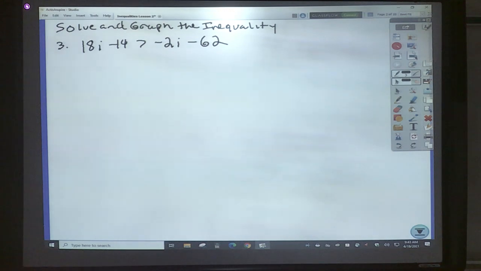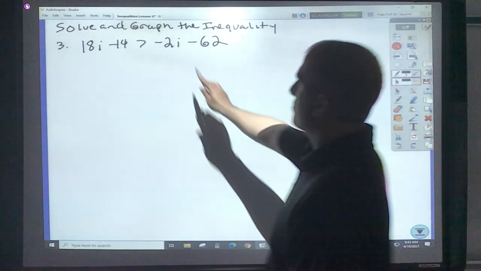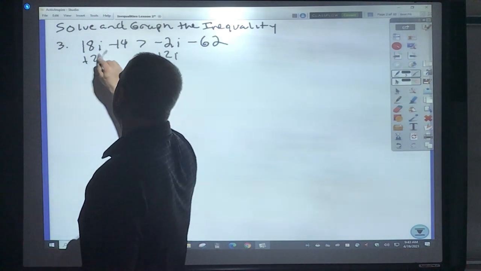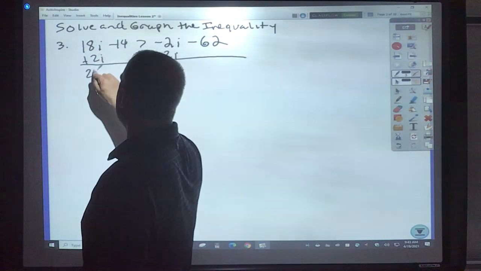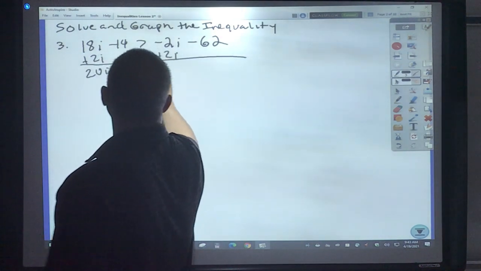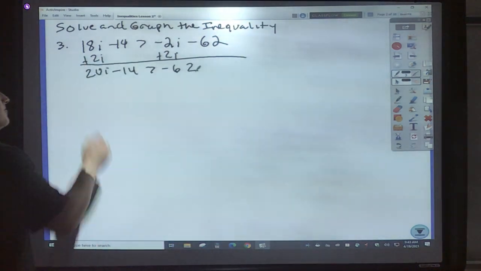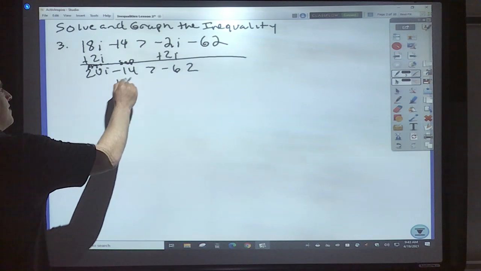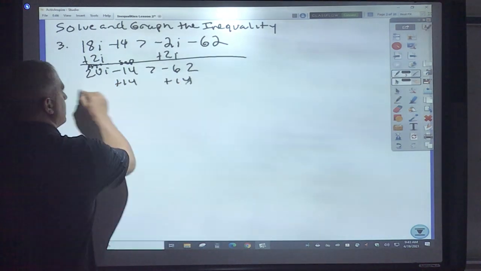Okay, let's do one more. All right, in this case, I would want to move the negative 2i by adding 2i and adding 2i. So that's going to be 20i minus 14 greater than negative 62. All right, I got attached, separated. So add 14, add 14.